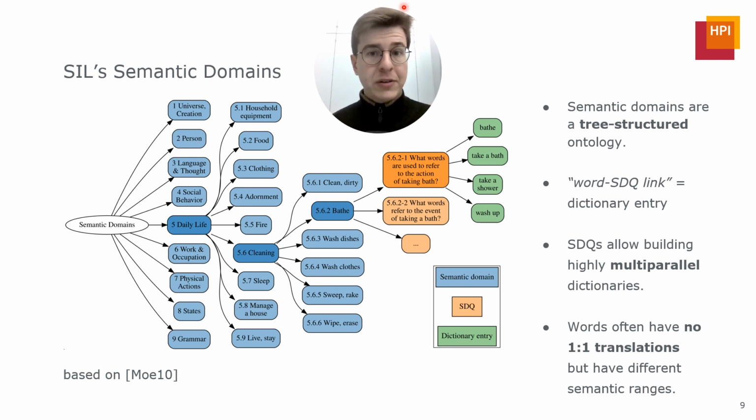Semantic domain dictionaries do, and that's why we call them multiparallel. While bilingual dictionaries rely on one-to-one word translations, semantic domains group words with similar meanings, which is more flexible. Translated words often have different semantic ranges, and semantic domains provide flexibility to put them into the same group even if they are not perfect synonyms.